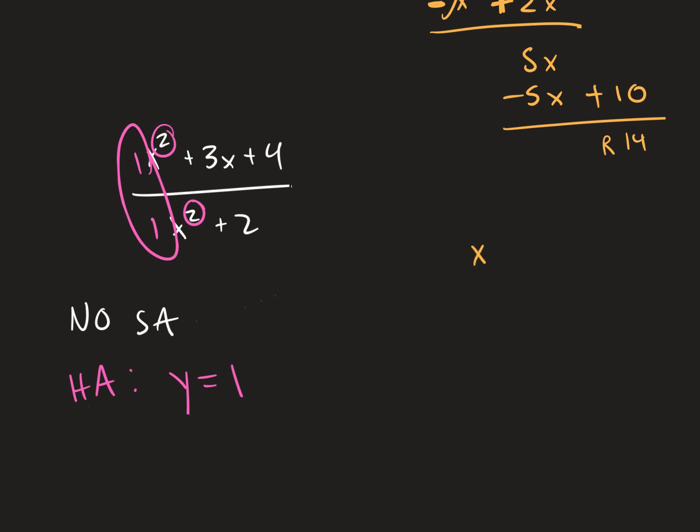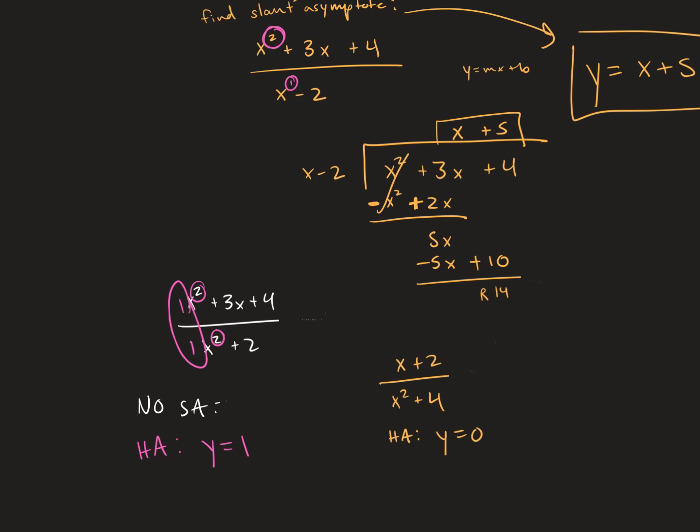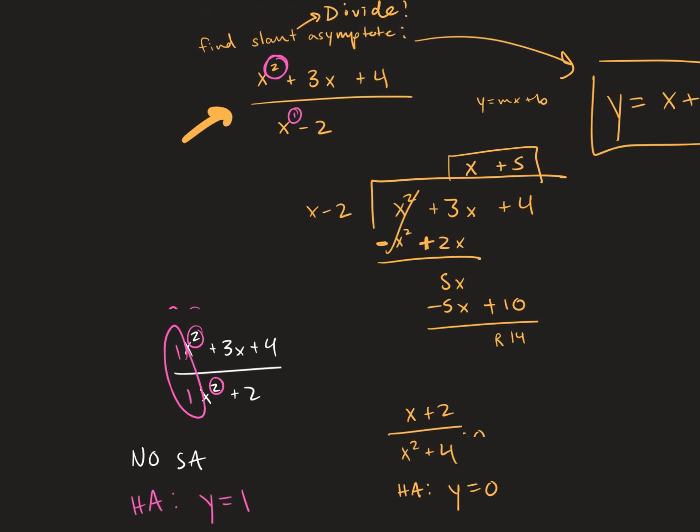Let's say I had x plus 2 over x squared plus 4, something like this. What would my horizontal asymptote be here? Y equals 0. If the top is less than, it's y equals 0. If the top is more, like this one, the top is higher, the degree, there's no horizontal asymptote because we have a slant asymptote.